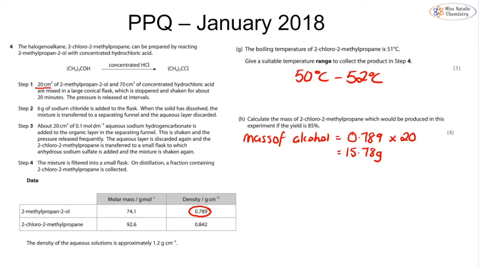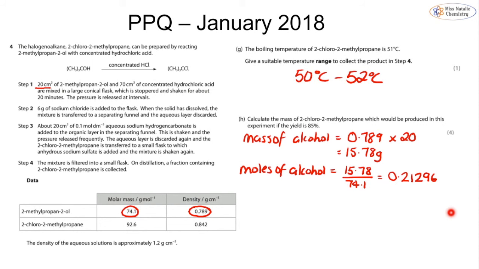15.78 grams. I can then work out the number of moles of the alcohol, which is going to be 15.78 divided by its molar mass, which we're given in the table as 74.1, and we get an answer of 0.21296 moles.